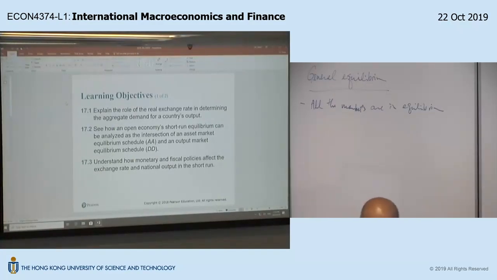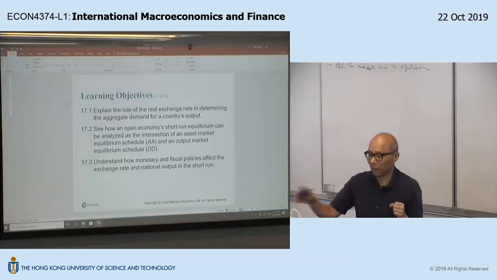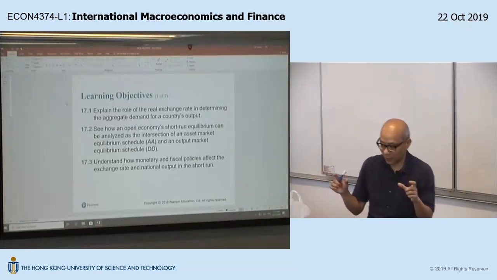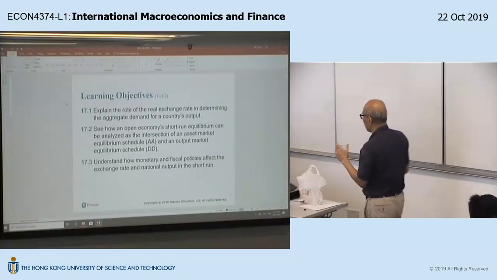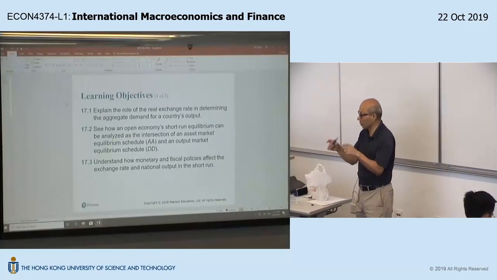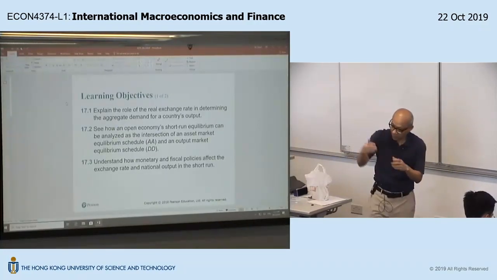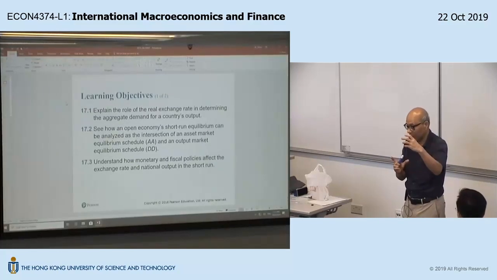That's one market. What's the other market? Domestic money market, okay. The foreign exchange market and the money market are the ones that we have talked about, and we analyzed the equilibrium in these two markets, and we actually put them together, right?